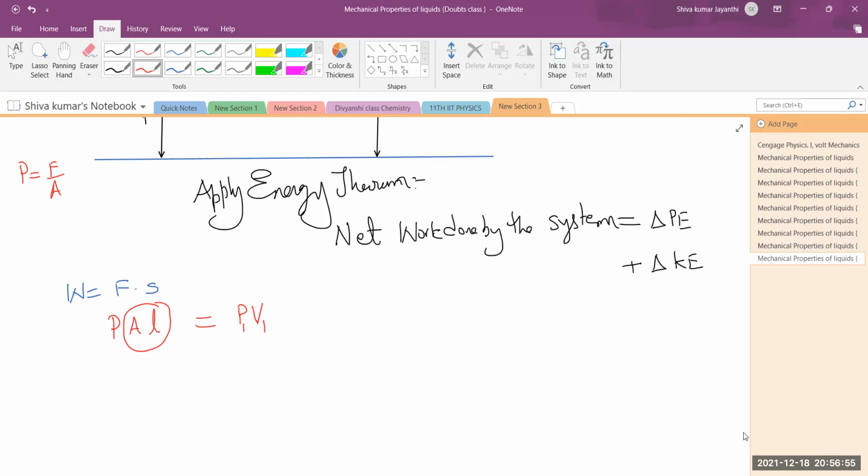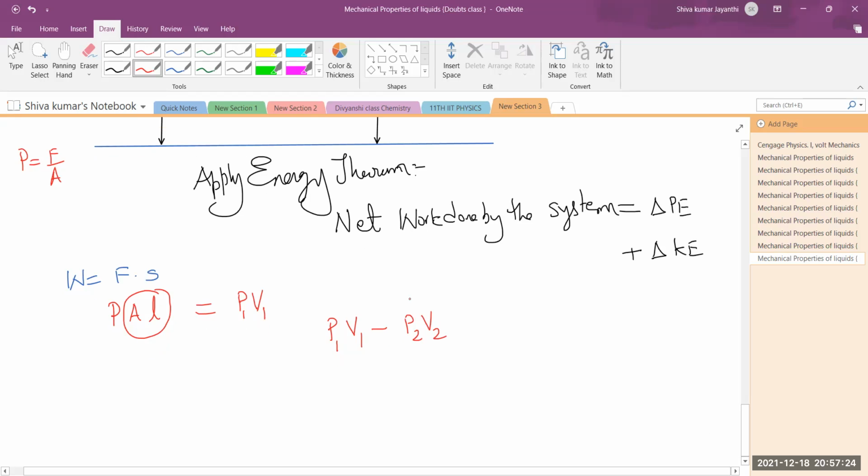What will the net work done be? Net work done is the subtraction: P1 V1 minus P2 V2. Did you understand that? Yes, sir. The volume that is entering is equal to the volume that is coming out, that's quite obvious.